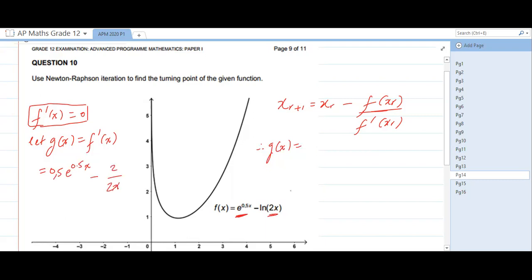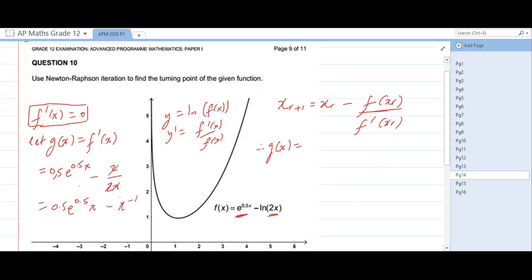In general, if y equals ln f of x, then y prime is equal to f prime x over f of x. The ln falls away, so we get 0.5 e to the power 0.5x minus 1 over x. I can write it as x to the power minus 1.